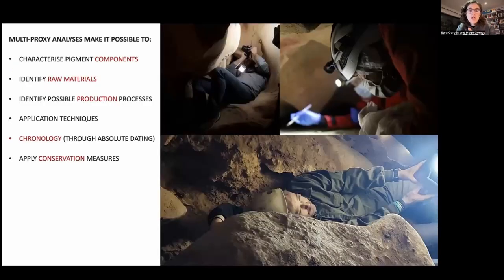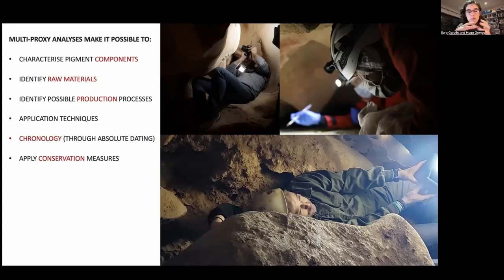So, generally speaking, and summing up the presentation, a multi-proxy analysis is possible with a mixture of different archaeometric methods at one rock art site. We can characterize pigment components. We can identify raw materials and production processes, so we can explain possible recipes of pigments.